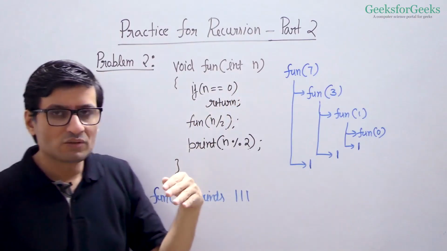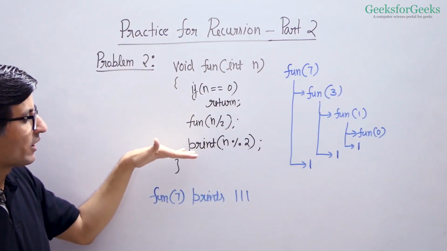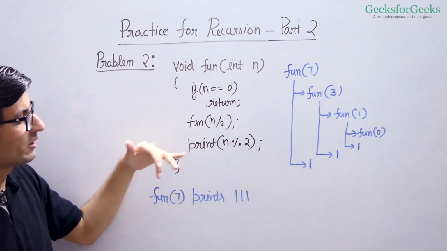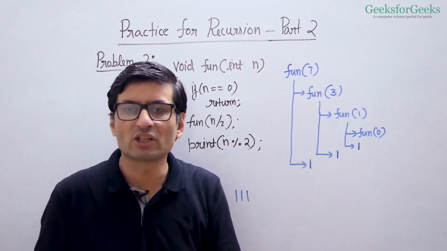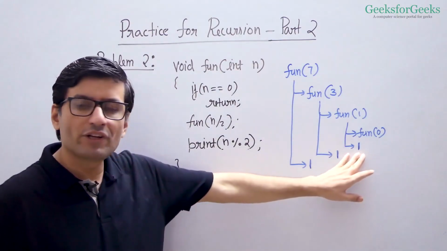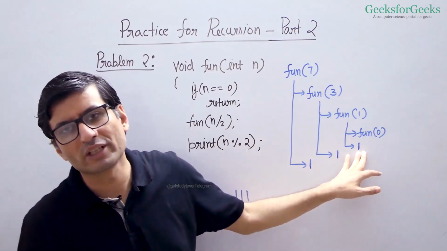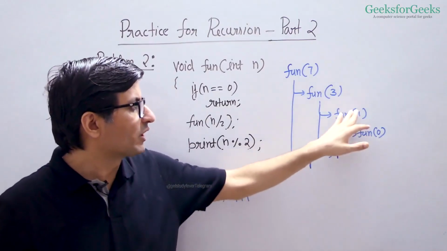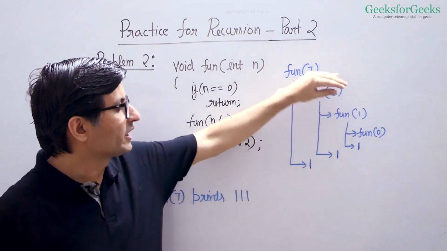Now fun 1, which was waiting for fun 0 to finish, gets the control, and executes this line, which is remainder with 2. So when you do 1 remainder 2, you get the output as 1. For every odd number, when you do a remainder with 2, you will get the output as 1. For even numbers, you will get the remainder as 0. So fun 1 now prints 1, fun 1 leaves the execution, and fun 3 gets the control.